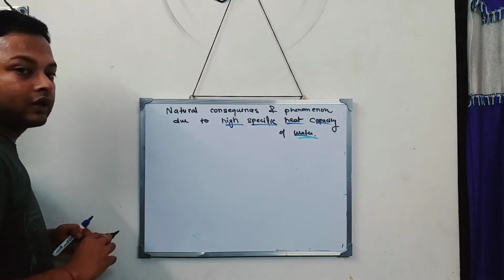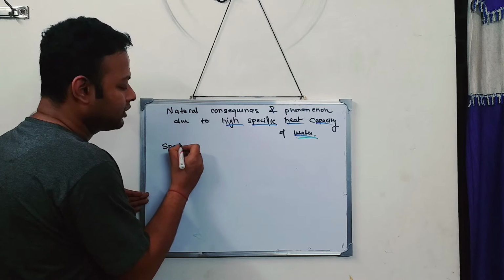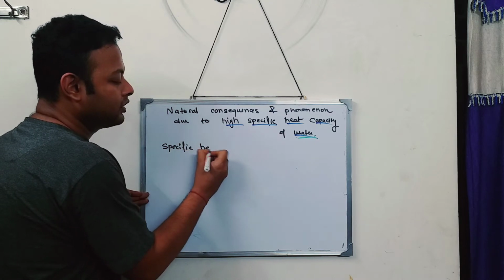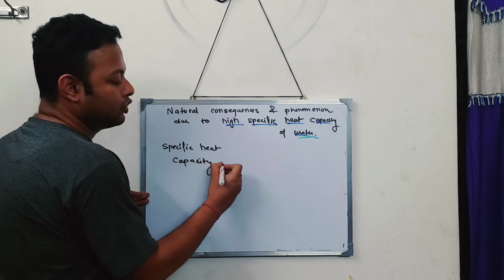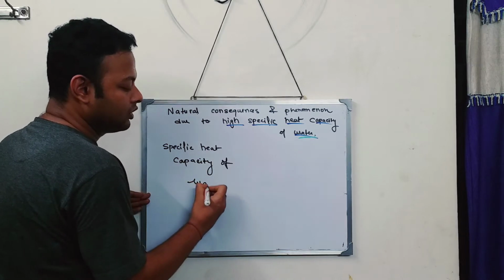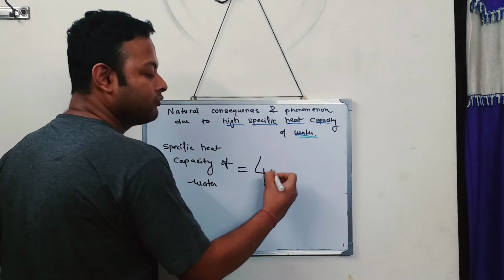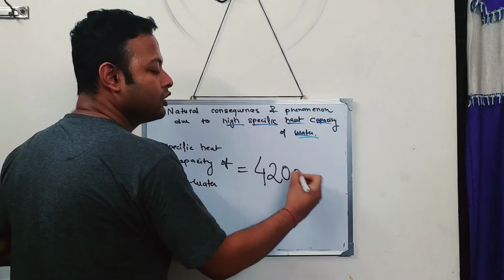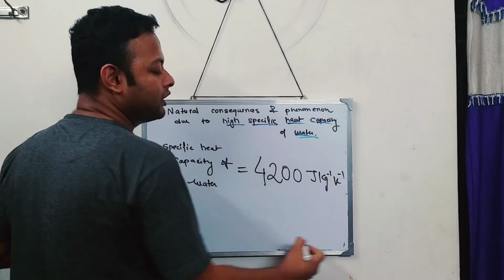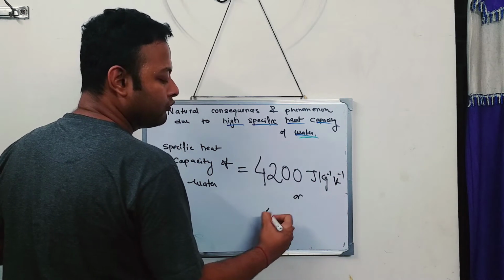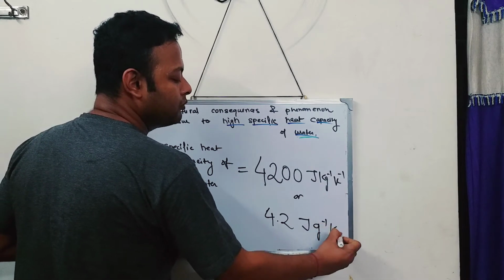So for water, what is the specific heat capacity? The specific heat capacity of water is equal to how much? The value is 4200 joule per kg per Kelvin, or 4.2 joule per gram per Kelvin.